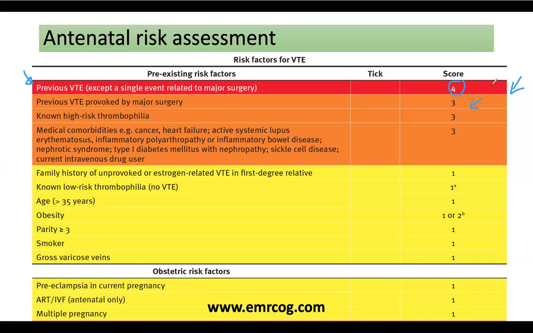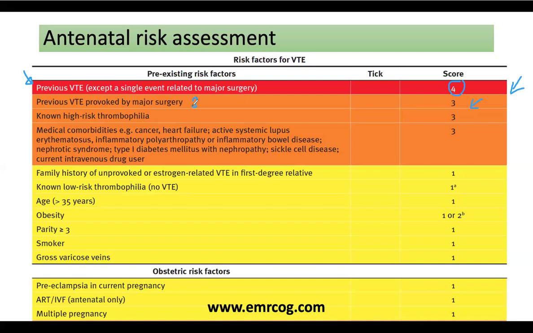I need to know that I will start the low molecular weight heparin as early as possible. And we will come to the details more and give you more tips in this part in the next table.